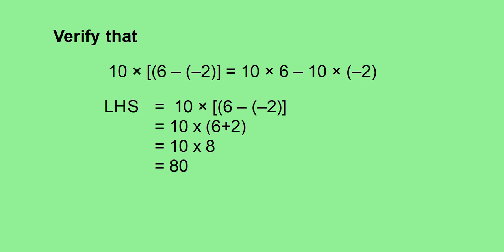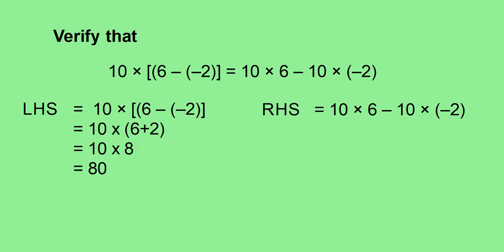Now find out RHS in the same way. RHS is equal to 10 into 6 minus 10 into negative 2, which is 60 minus negative 20, which is 60 plus 20, which is equal to 80.